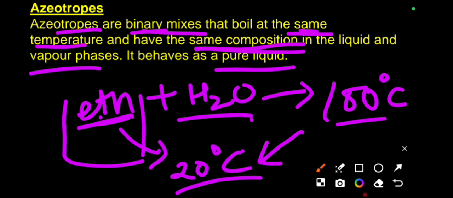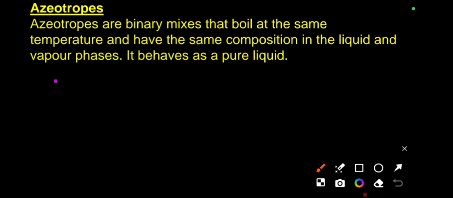Why does it behave as a pure liquid? Because both have only one boiling point. So we will consider it a single liquid, but it is not a single liquid. That's why it is written here: behaves as a pure liquid. So we can say now, in azeotrope, first, it is a binary mixture.